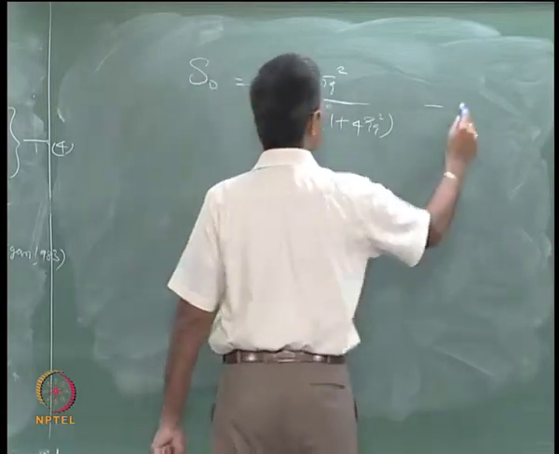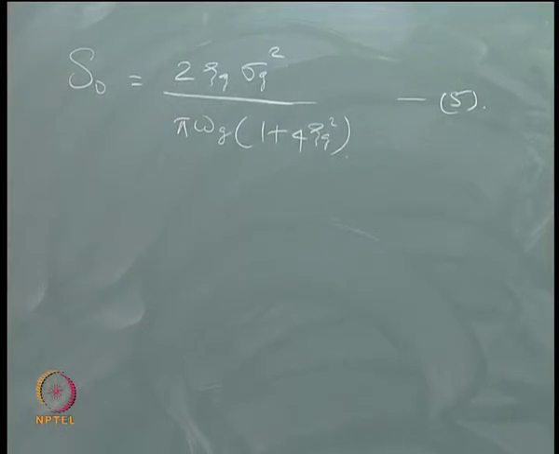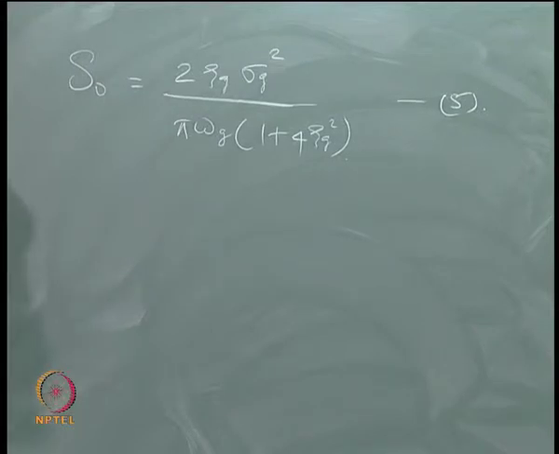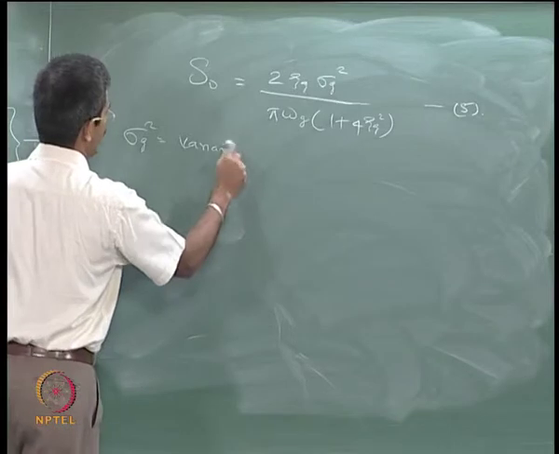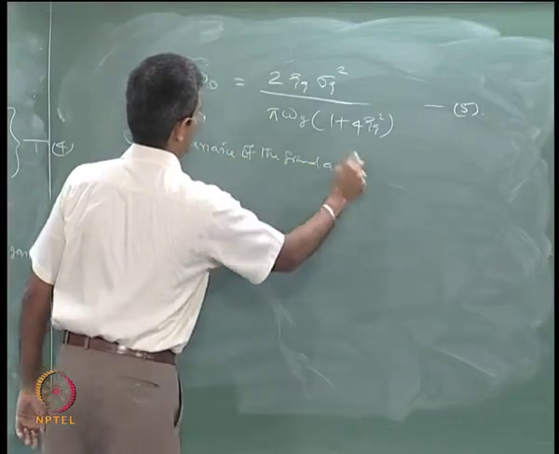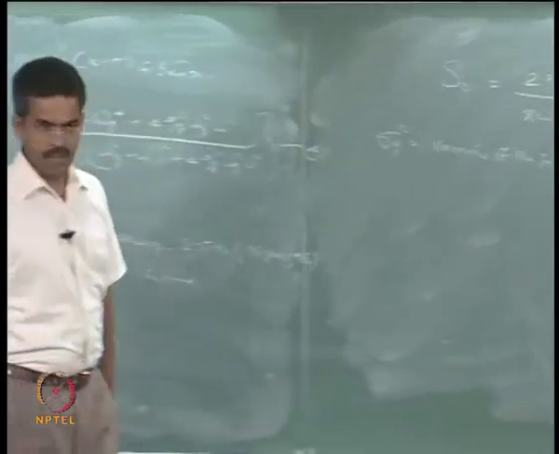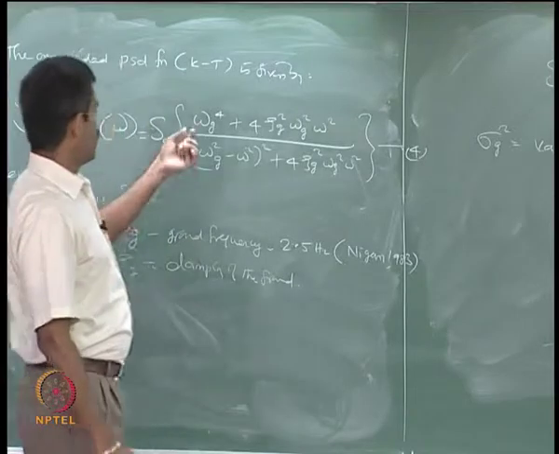Call this equation number 5, where sigma g square is the variance of the ground acceleration. Now, the question comes, you must select the spectral value.